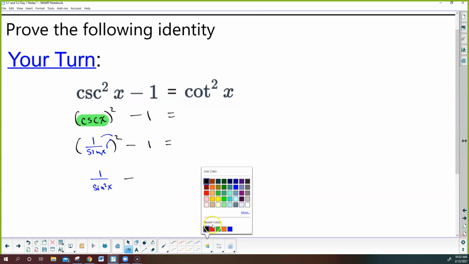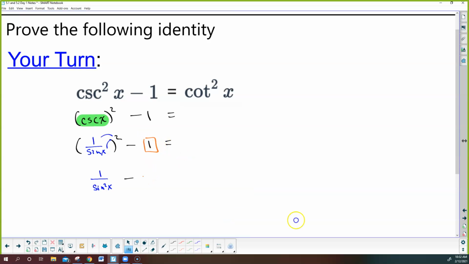Now here's the interesting part, and it takes experience to kind of know how to do this, but I need to subtract, and I'm going to rewrite 1 as sine over sine. So notice that sine divided by sine is 1. But the reason why I did that is so I can get the same denominator, and it's almost the same denominator.